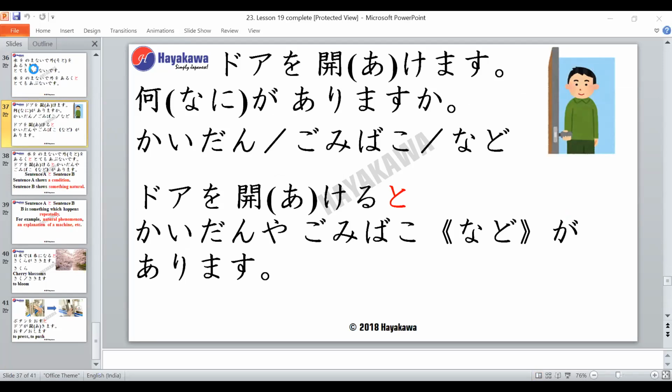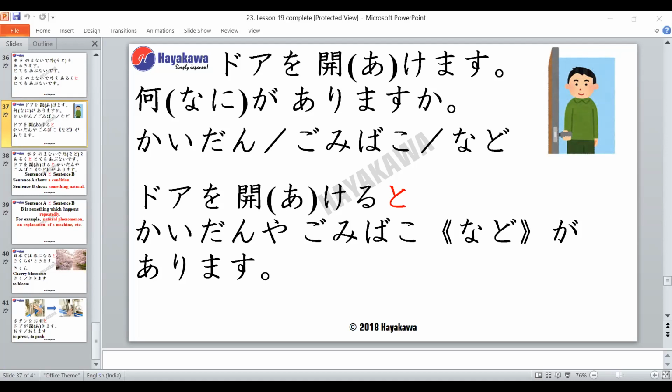So again you have another sentence, which is doa o akemasu, which means open the door. What is there? When you open the door, what is there? So you have options: kaidan, gomibako, nado.